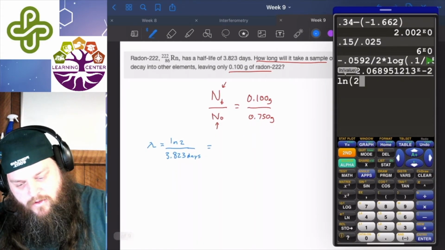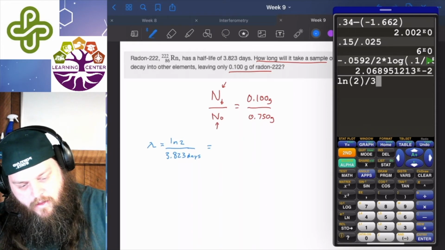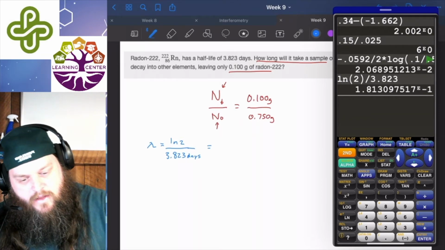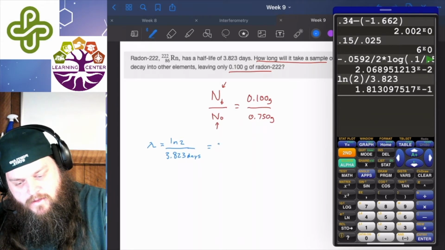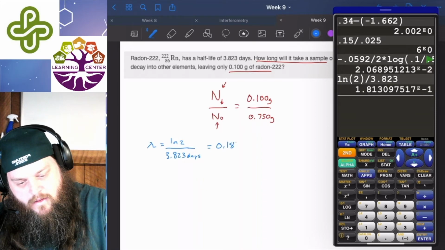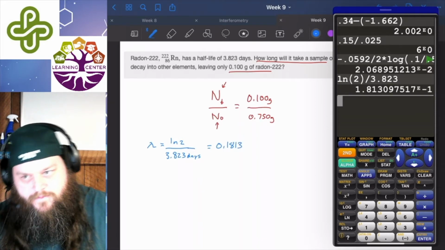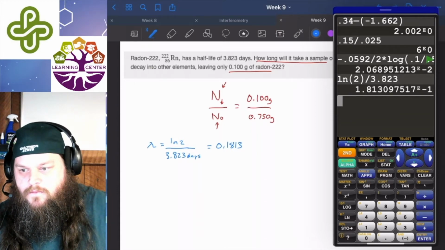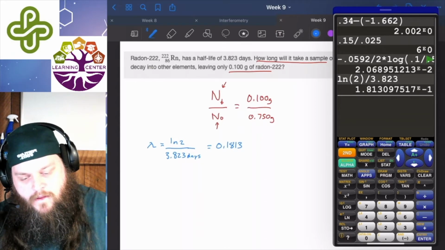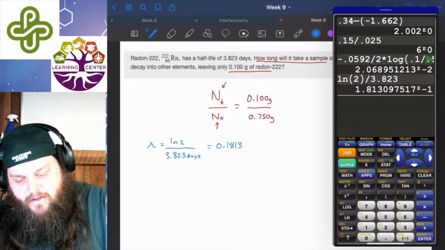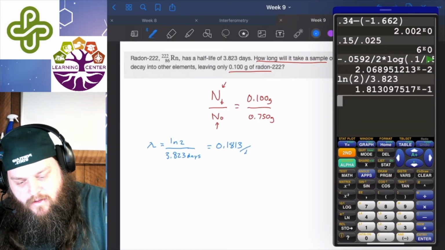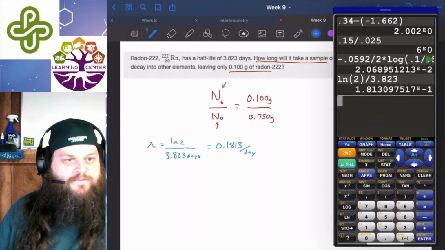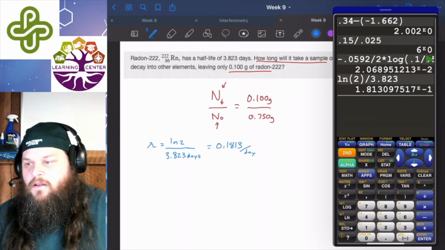Natural log of 2 divided by 3.823 days is equal to, say, 0.1813. So that's our decay constant, and I can say this is per day because my days was in the denominator. So that's how fast it decays.